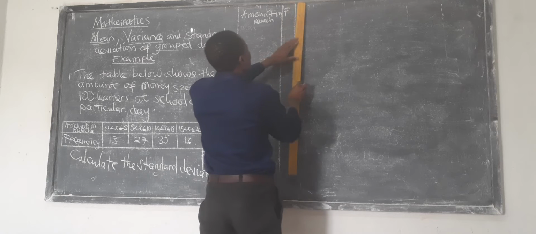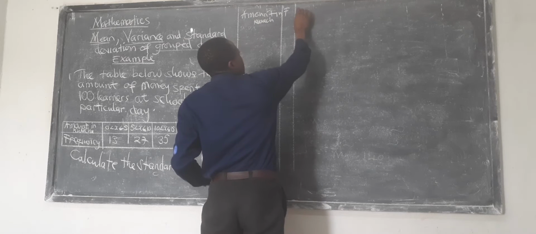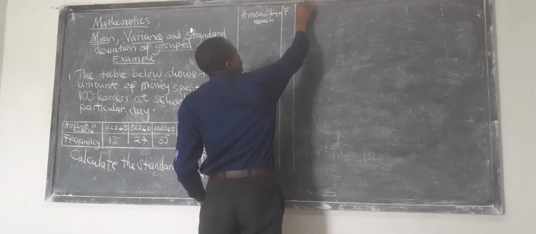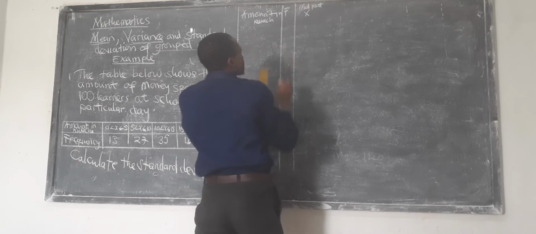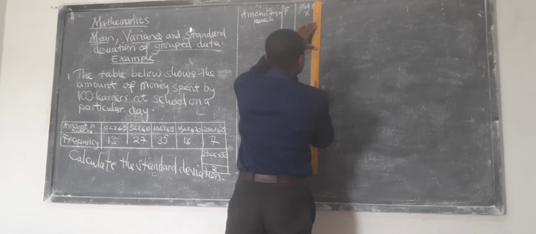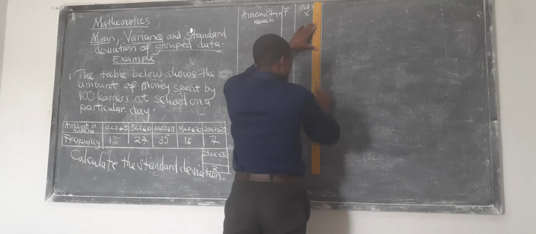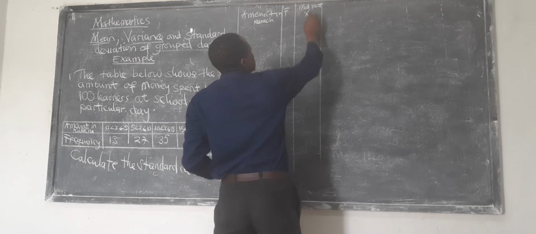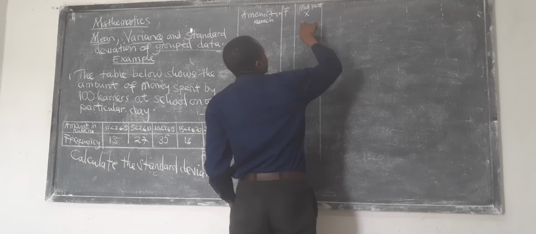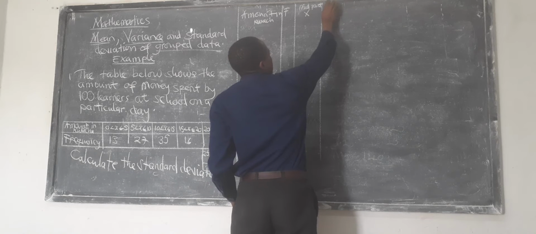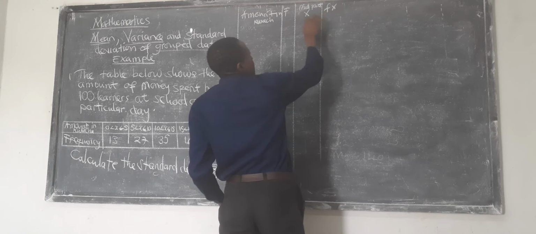Now the other column contains the midpoint, which is represented by the letter x. After the midpoint, we have to find the mean, but before the mean, you need to have the column of fx, meaning f times x.